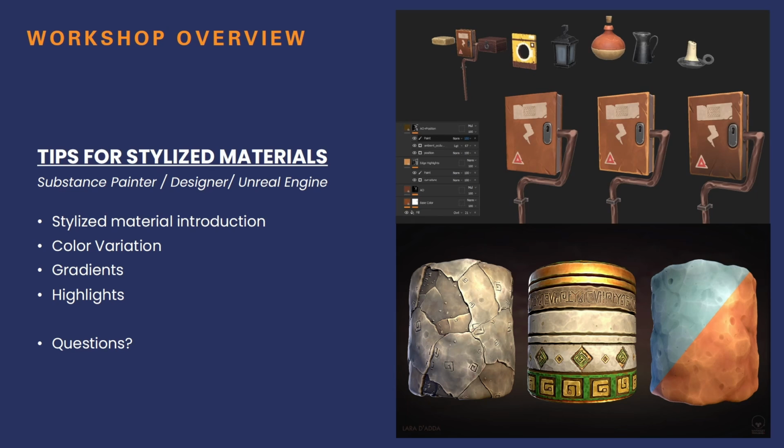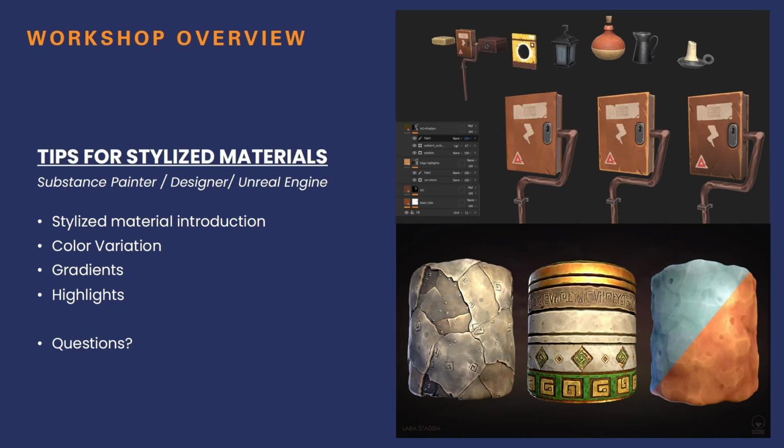These elements are something like color variation, gradients, and highlights. These things for me are what makes something stylized, and how you tweak it then depends, but it's the base from which I start.